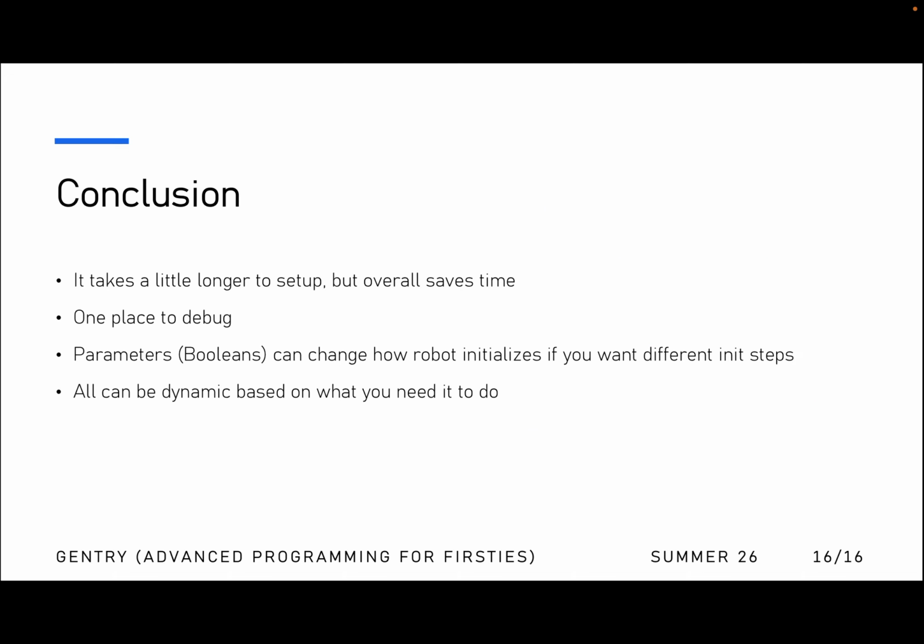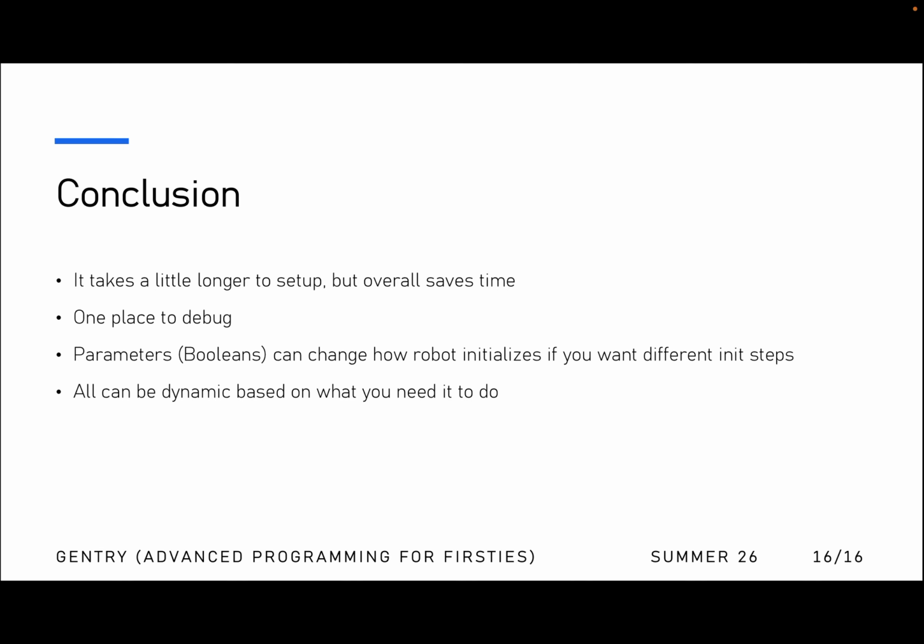So as for a conclusion, it takes a little bit longer to set up, but overall it'll save you a lot of time for debugging. It makes it have a singular place to debug. And as I said before, parameters can change how your robot initializes if you want different initialization steps or even just different operations to happen for like the do bulk function if you're on red or blue lines.